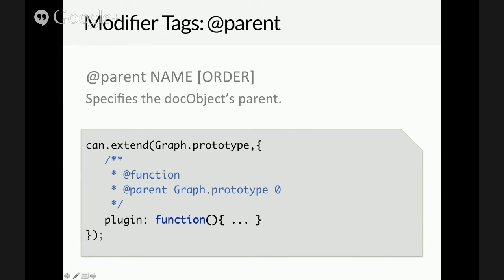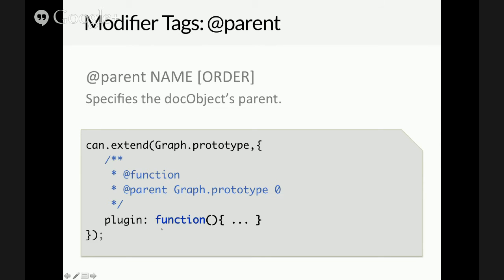Sometimes this can be inferred. It'll typically read whatever the current scope is of the documentation. If we added to graph.prototype, a normal comment without parent will use that, but we can specify it.